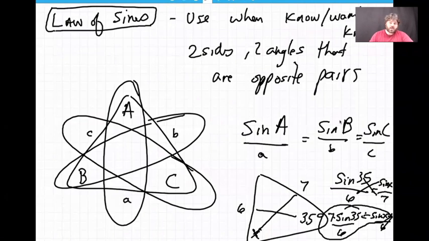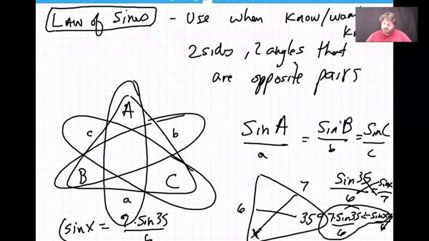Or if it's just the number on the bottom, you just use your calculator to find out what it is. So let's just try this one. I'm going to rewrite this. Right now I have that the sine of x is 7 times the sine of 35 divided by 6. And then remember, I'm going to kill off this sine with a sine inverse. So really, I just need to find the sine inverse, because that tells me what x is.